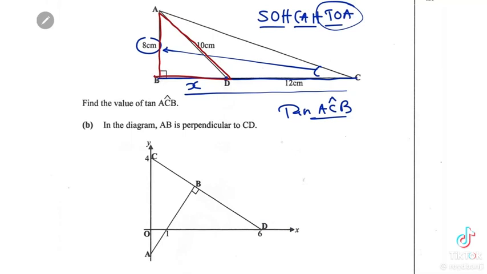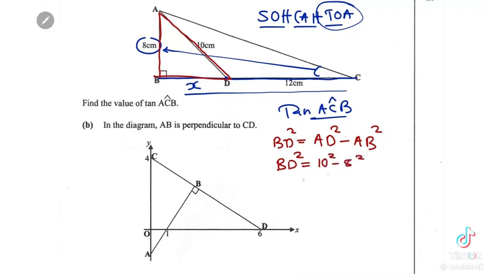So which part are we finding? BD. So we are going to say BD square is equal to, the longest side is AD, AD square minus AB square. So BD square is equal to, what is our AD? Is 10 square minus, what is our AB?